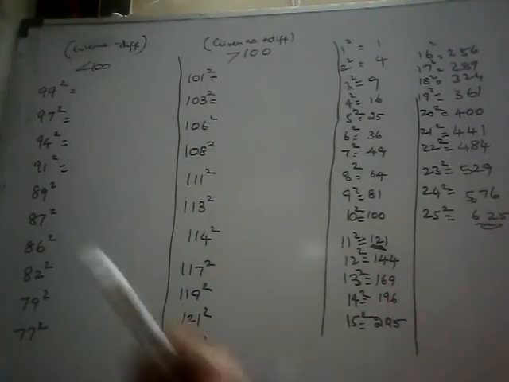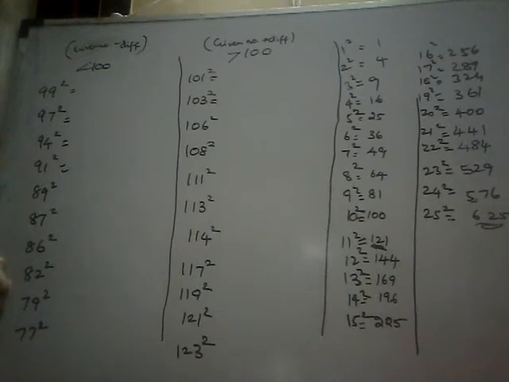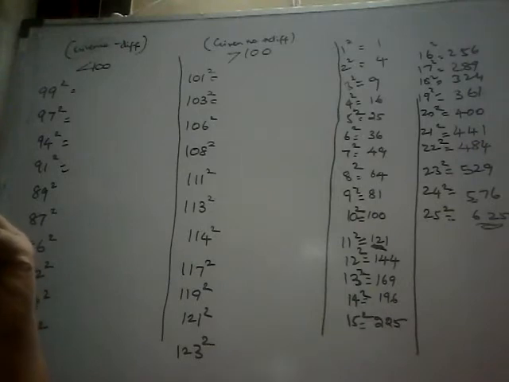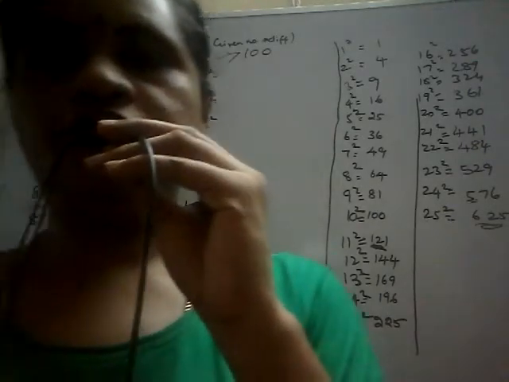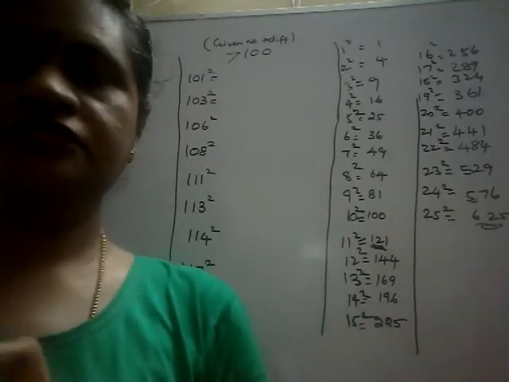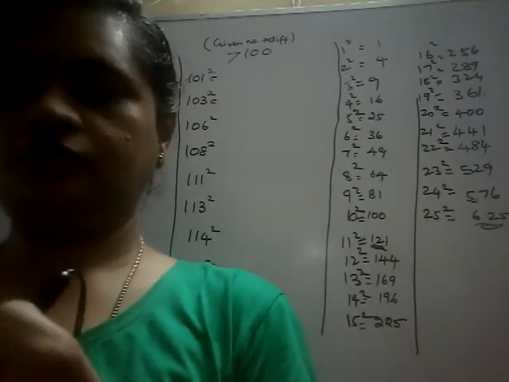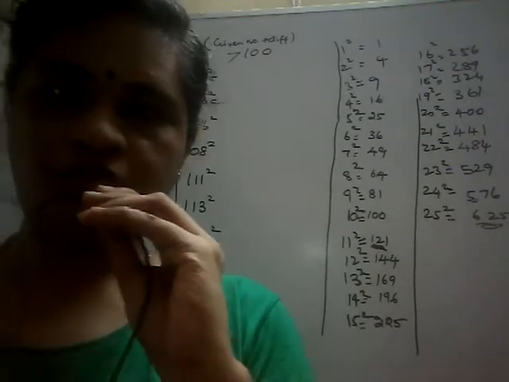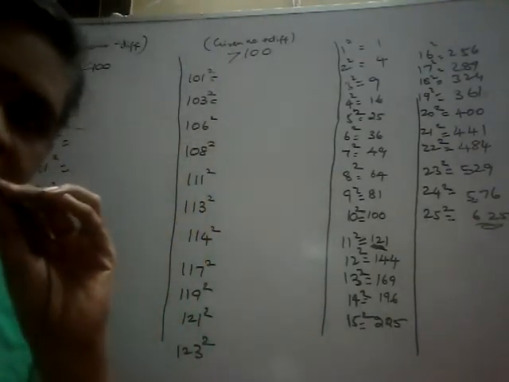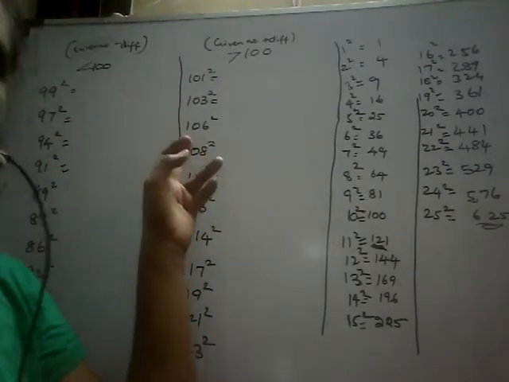Now for this type of sums, 99 squared, less than 100. So far you have done numbers less than 50 and greater than 50, that is 25 to 50 and then 50 to 75. Now what if it comes above 75? From 75 to 125 you categorize from 100. You have to subtract from 100.